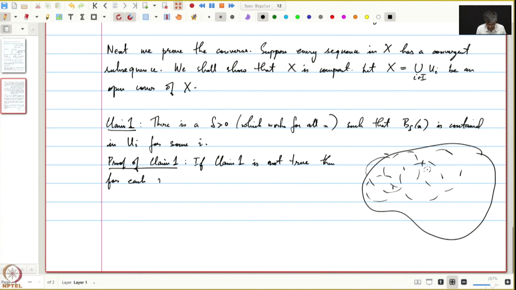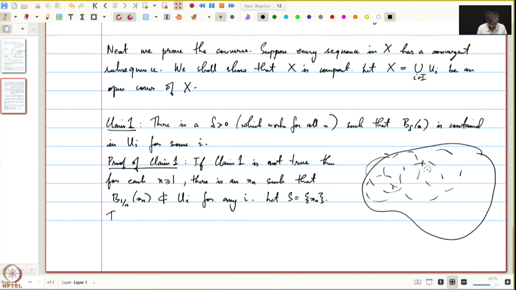So for each n greater than or equal to 1, there is an xn such that if we take B 1 upon n of xn, it is not contained in Ui for any i, right? So let us take S to be the sequence of xn's.